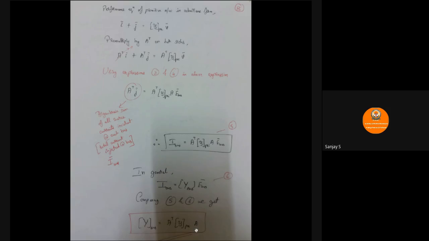This is the expression for Ybus by singular transformation, where A is our bus incidence matrix, Y primitive represents the primitive admittance matrix, and Ybus represents the admittance matrix. So do not get confused with the capital Y and small y. Whenever you write small y, it is referring to the primitive matrix.